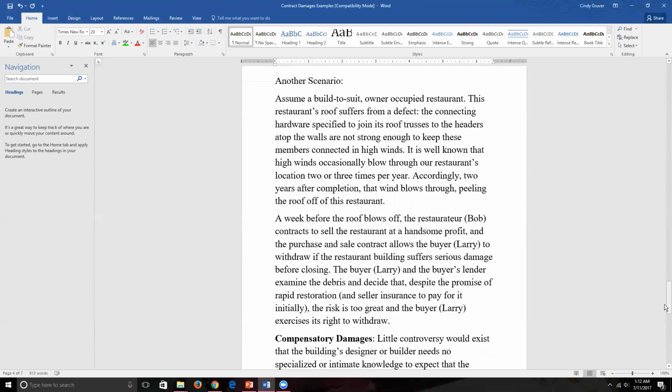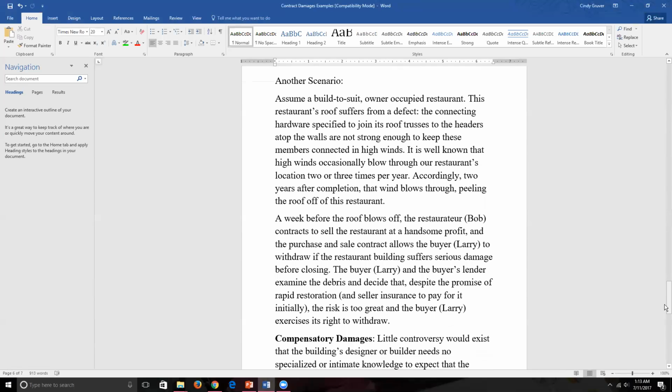Okay, so in this scenario, a man, we'll call him Bob, builds a restaurant. He hires a general contractor to design and create the blueprint and to actually build the restaurant.